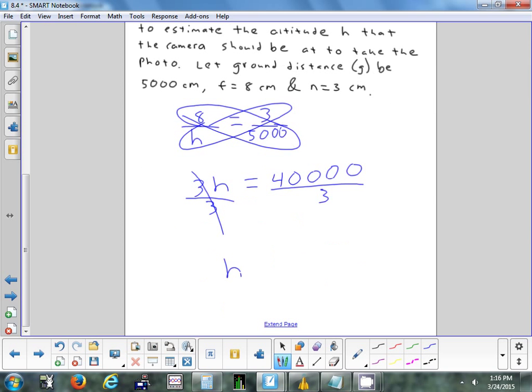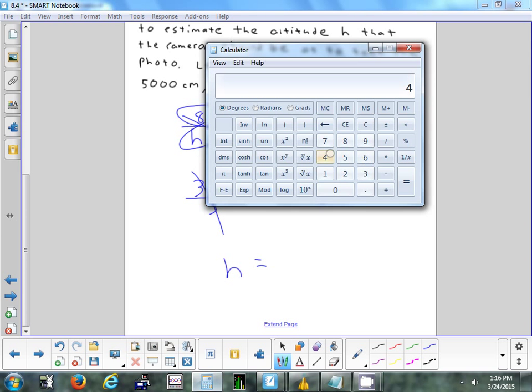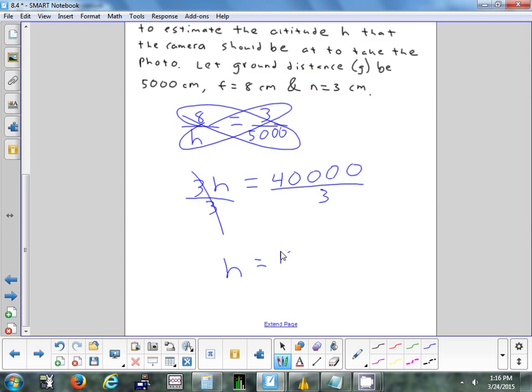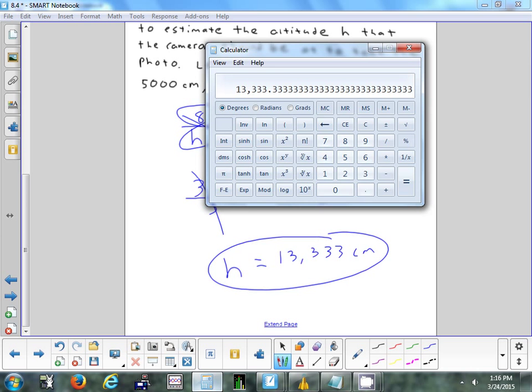So our height, remember this is in centimeters, is 40,000 divided by 3. So it's 13,333. In this part, you don't have to know this conversion, but if you divide by 2.54, roughly, that's how many inches this camera is off the ground.